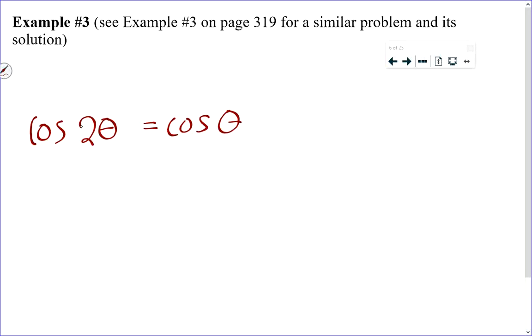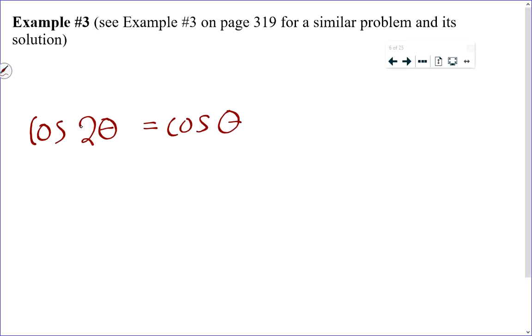I see everybody's looking at your formula sheet. We can change cos of 2 theta to cos squared theta minus sine squared theta. That could be a thing we could try. We could change cos 2 theta to 1 minus 2 sine squared theta. Is that right? We could try that. Or we could change it to 2 cos squared theta minus 1.